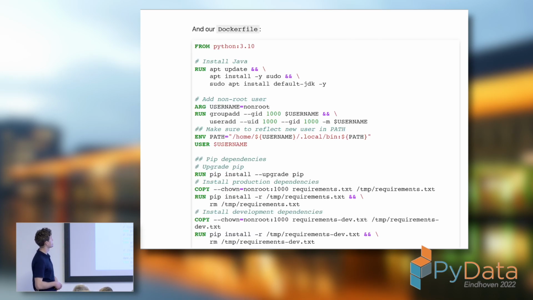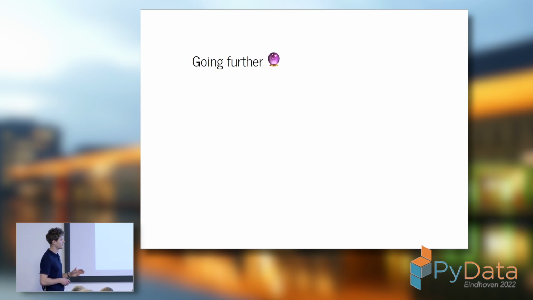Next there's the Dockerfile. We install Java, a non-root user, and we install the production pip dependencies and the development pip dependencies. So that was great. We have these two definitions basically. You get the QR code in the end. So if you want to play around a bit more with this little example we built, feel free to do that at the end. Scan the QR code.